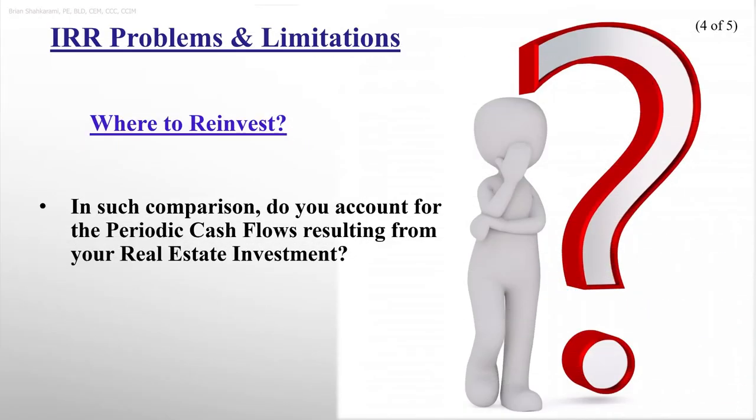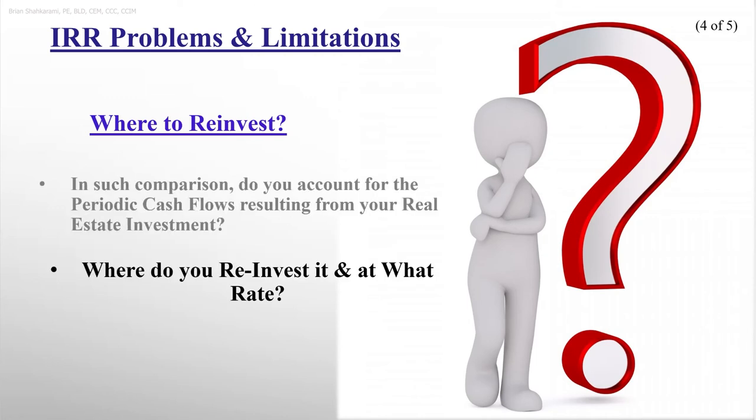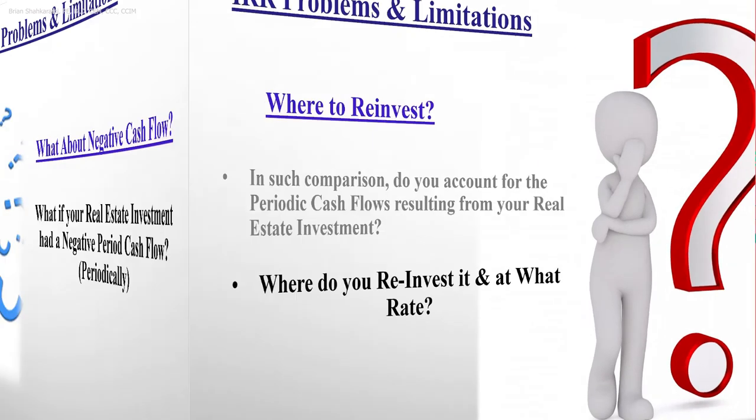You know, commercial real estate investments generally have rental income in the form of monthly or annual cash flows. How do you account for these cash flows? How, where, and when, and at what rate do you reinvest them?